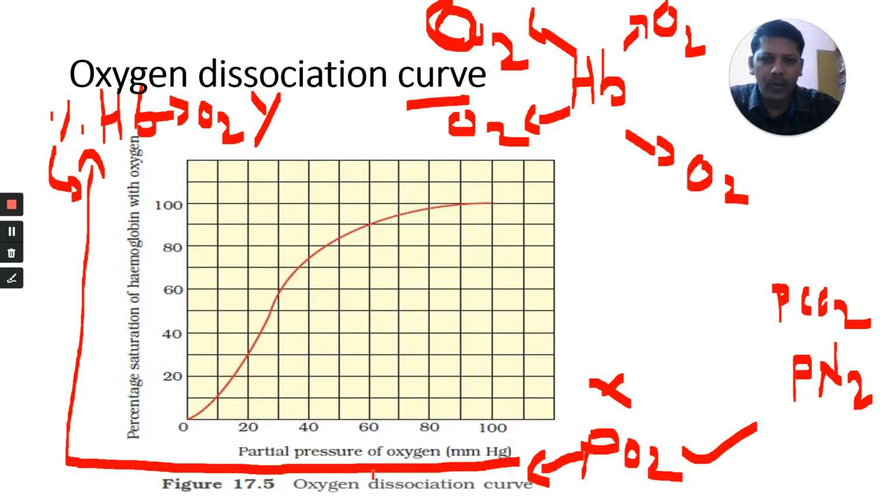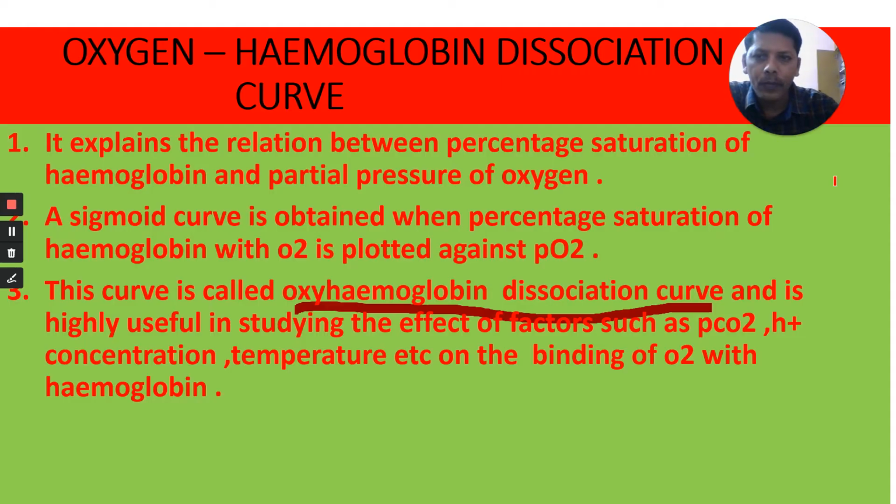As this graph appears like the sigma letter, it is called a sigmoid curve, or an S-shaped curve. A sigmoid curve is obtained when the percentage saturation of hemoglobin with oxygen is plotted against the partial pressure of oxygen.